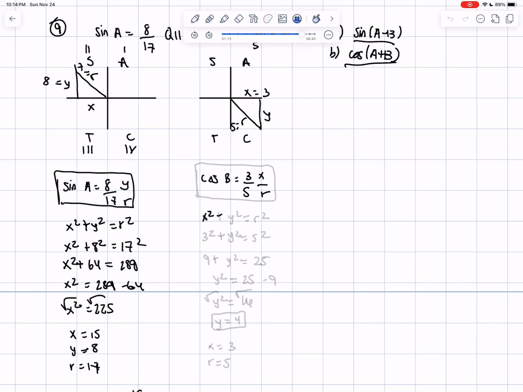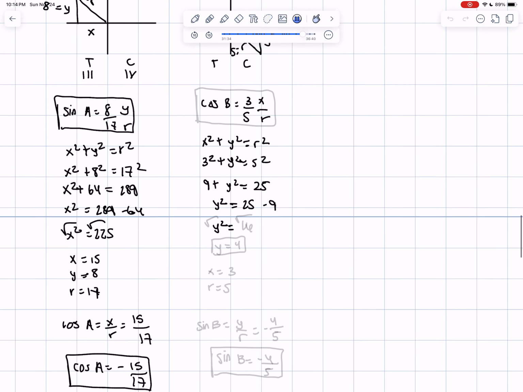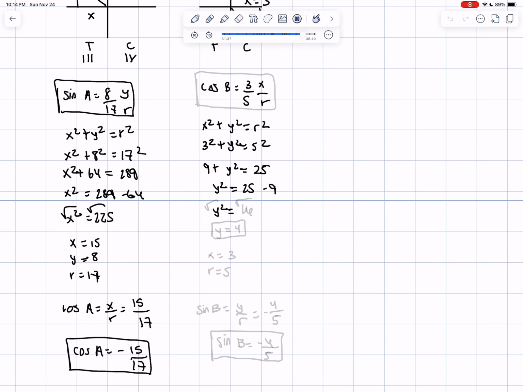So x squared plus y squared equals r squared: 3 squared, and r is 5 squared. So 3 squared is 9, and 5 squared is 25. So get y by itself, so you do 25 minus 9. So 25 minus 9 is what? 16.